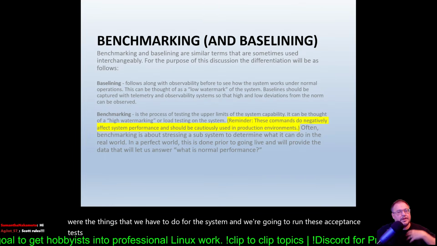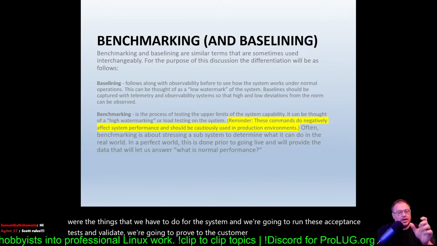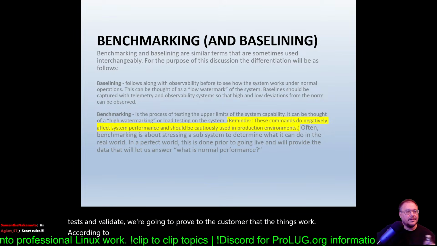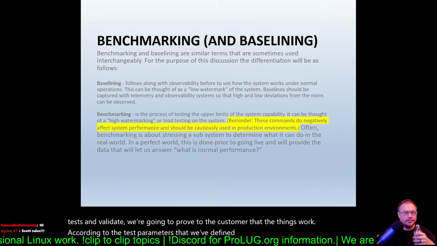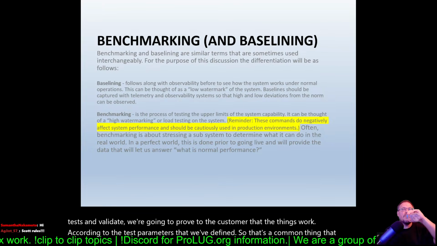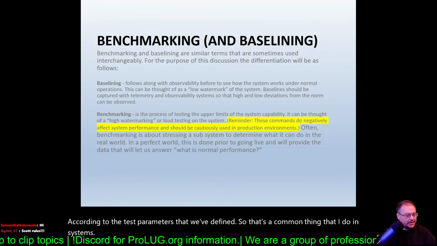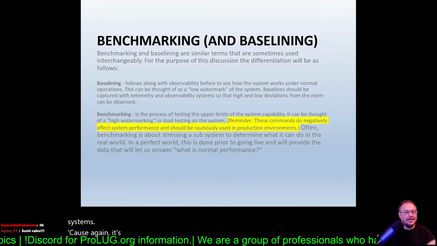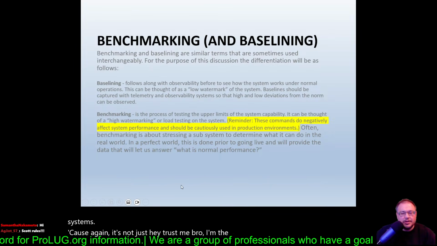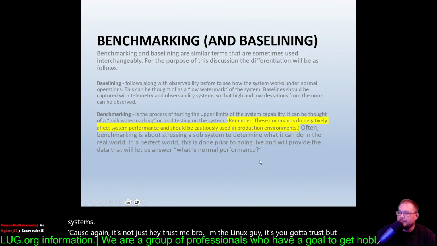We're going to prove to the customer that the things work according to the test parameters we've defined. That's a common thing that I do in systems. Because it's not just, trust me, bro, I'm the Linux guy. You've got to trust but verify. That's how the government works on pretty much everything.